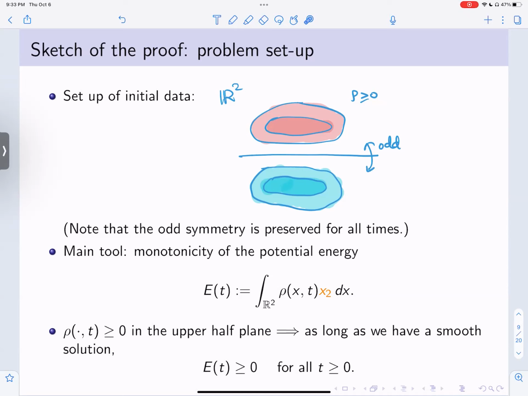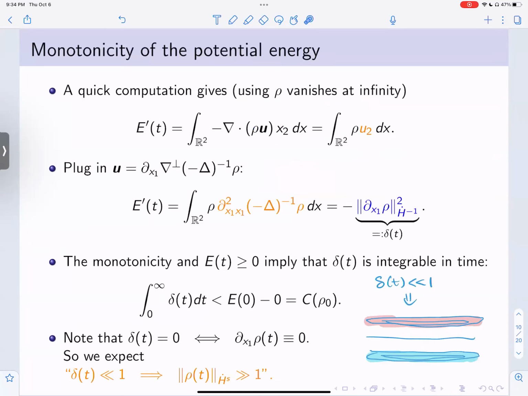So it means that as long as we have a smooth solution, the potential energy will always be non-negative. On the one hand, we know the potential energy is always bounded below. And on the other hand, we show that the potential energy is decreasing in time.